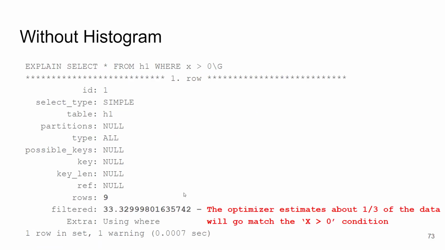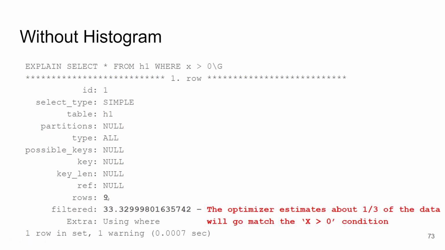Now, without a histogram, when we run a query like select everything from that table where the value of X is greater than 0, the optimizer doesn't know anything about that. Literally, I've just created the table, dumped the data in there. It has not had a chance to go out there and build any statistics on this data. So the optimizer is going to make a wild guess, a SWAG, and it's going to say, okay, I think that I'm going to have to read 33% of the 9 rows in the table.